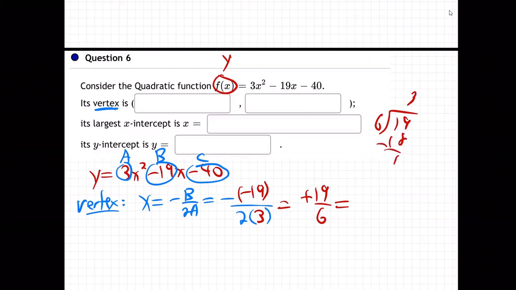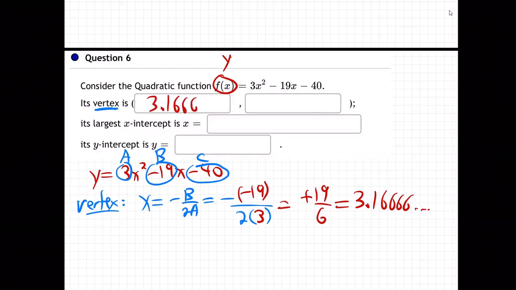I don't have a calculator handy. It's 3.1 and 6 is forever. Okay, so it's going to be 3.1, 6 is forever. So there's your x value.